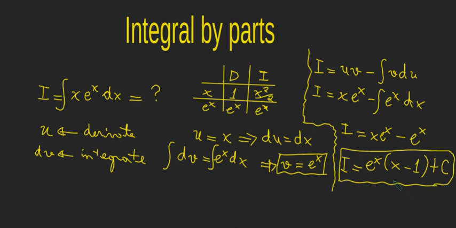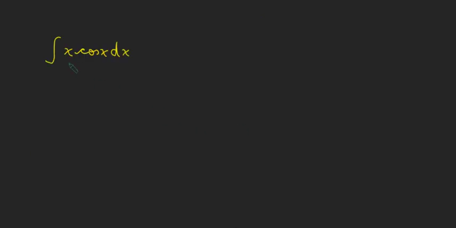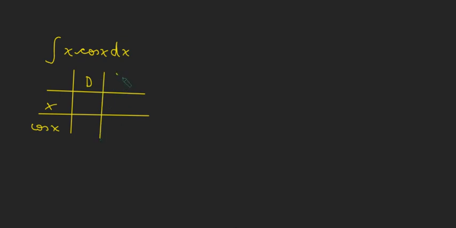Okay, let's see another example. So here we have the integral of x cosine of x. Let's do the table again. I will break it down into two pieces, x and cosine of x, and see what is the work associated with differentiating and integrating both expressions. Differentiating or integrating cosine of x is about the same effort.